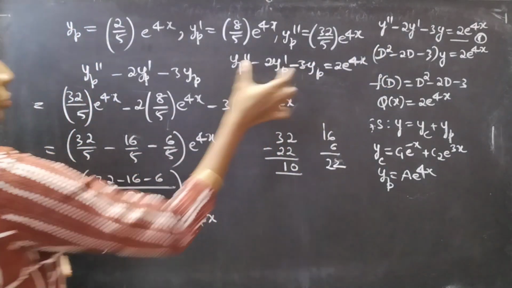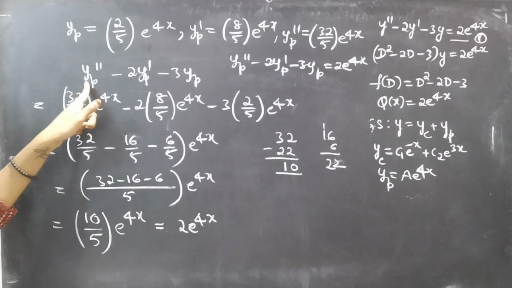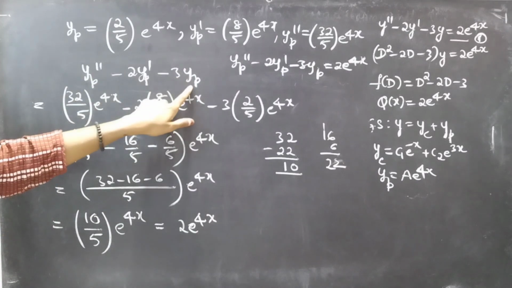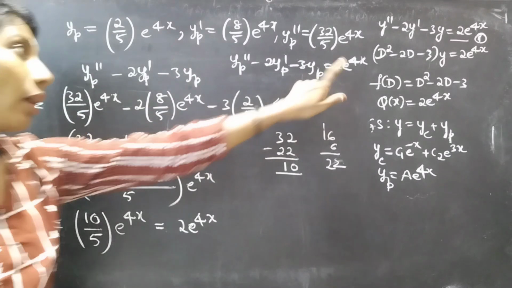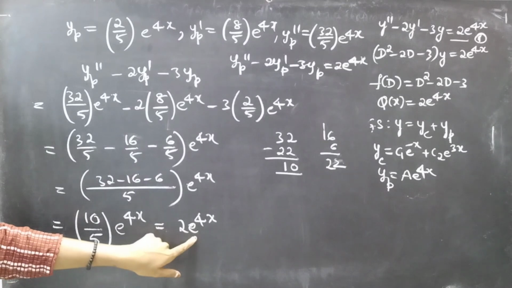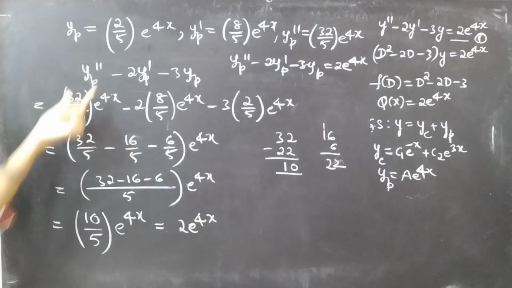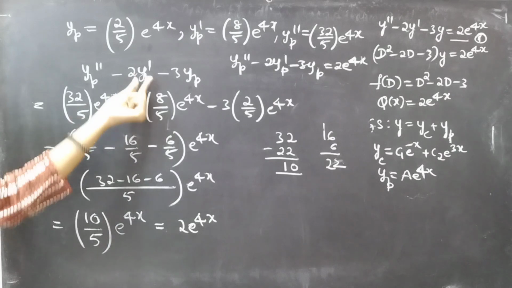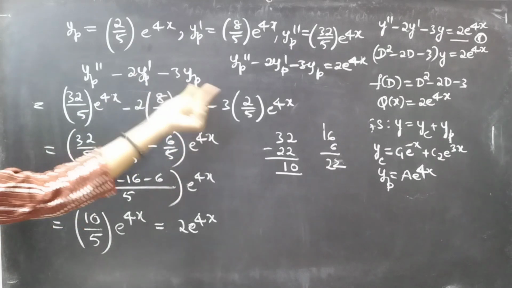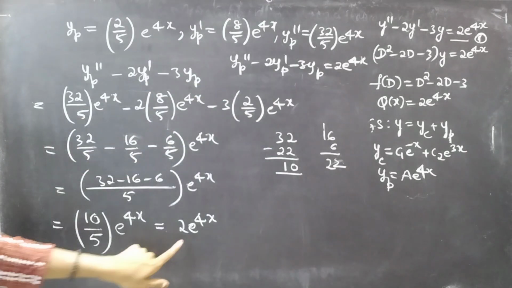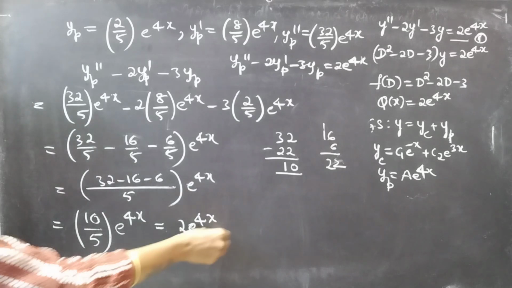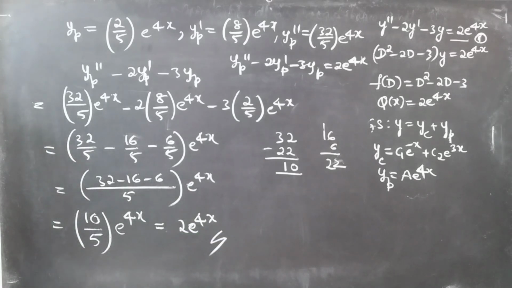Now consider the LHS part and substitute the values of yp double dash, yp dash and yp. Finally, you need to get the RHS, 2e^4x. Just substitute the values of yp double dash, yp dash, yp and see what you get. This is also a method to just verify yp.